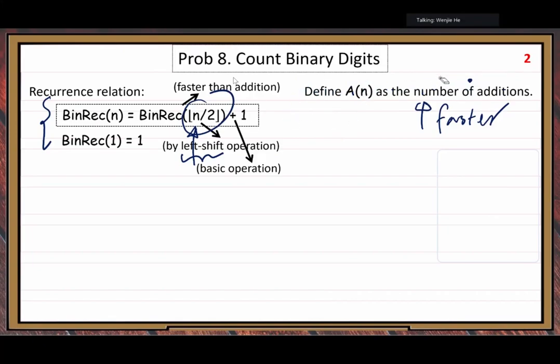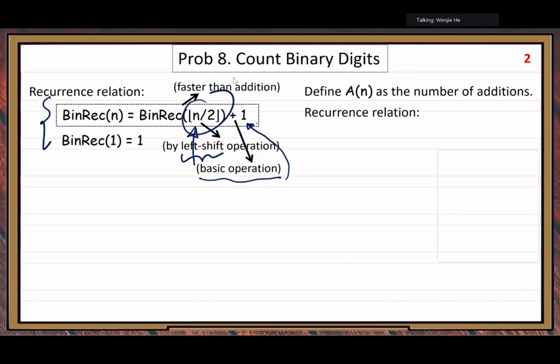We define another function, A of n, as the number of additions. Because here, this is our base operation. We do addition, add 1, the base operation. Now we want to count the number of our basic operations. So A of n.